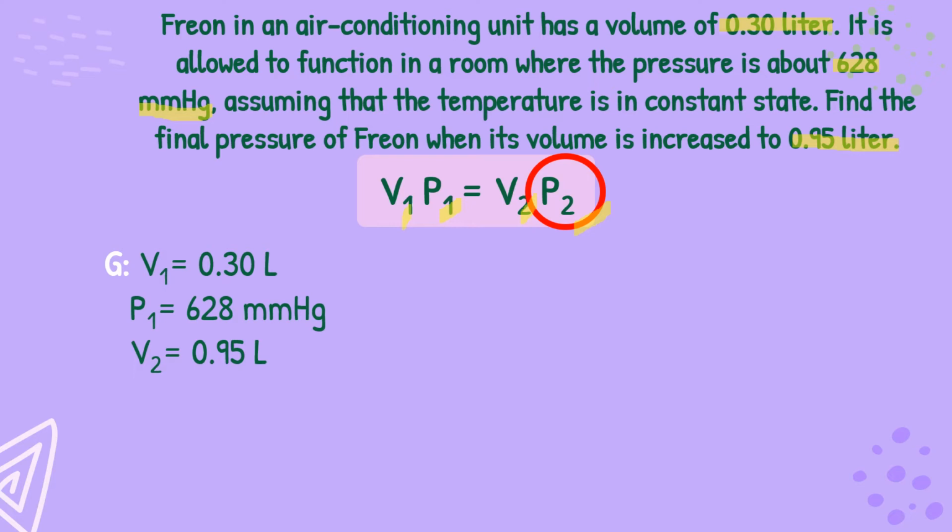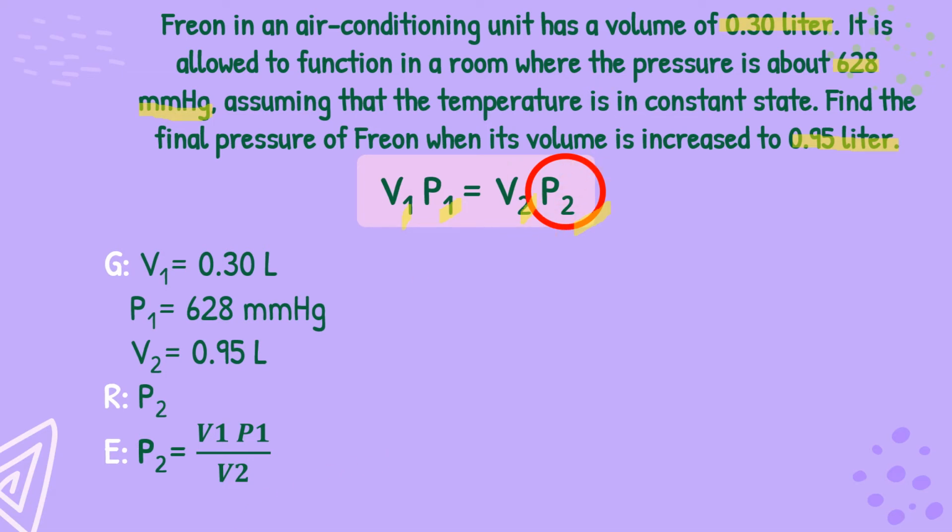Now, to identify the final pressure, we need to use an equation. To get the equation needed, you need to divide both sides of the equation by the quantity beside the required quantity. Here, the required or unknown quantity is the final pressure.